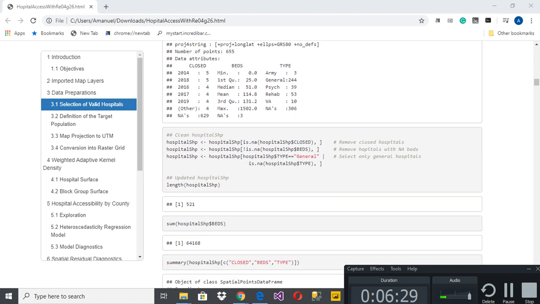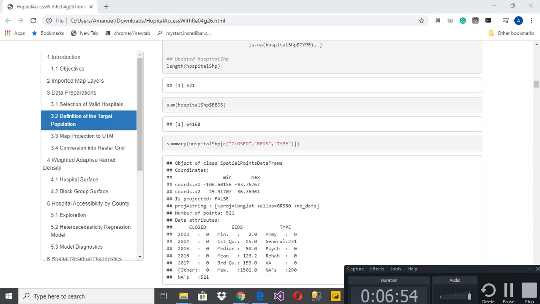To clean the hospital shapefile, I removed the closed hospitals, removed hospitals which don't have bed attributes, and selected only general hospitals, because the army and veteran hospitals are used for special groups. They are not open for the general public.